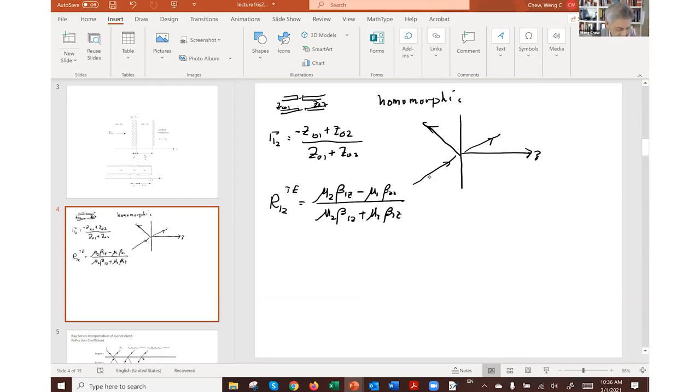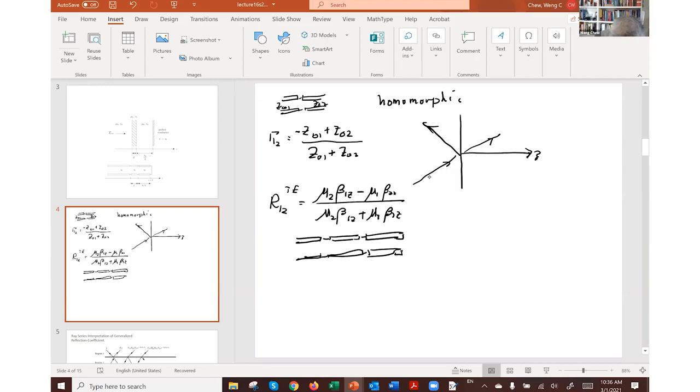If you know the single interface reflection coefficient, as we have seen in transmission line theory, you can write down the reflection coefficient for, say, a multi-section transmission line. You can have as many sections as you like.